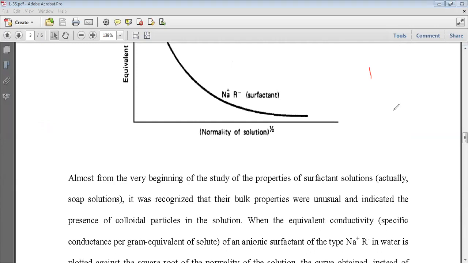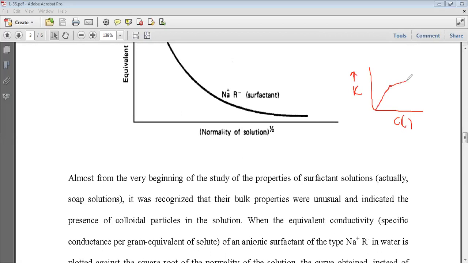Basically, suppose we plot the specific conductance versus the concentration of the surfactant. Now, what happens when you increase the concentration? Initially it behaves as a strong electrolyte, giving a straight line up to this limit. Then after a certain minimum concentration, the slope is not as much.